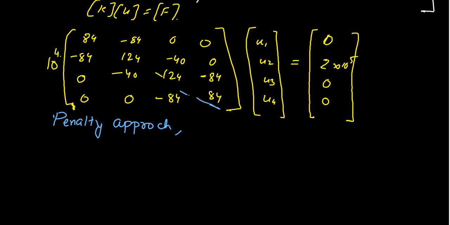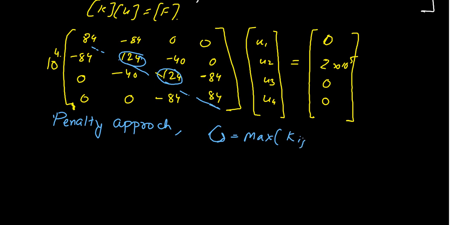So we can write C indicates the maximum of Kij into 10 power of 4, which is the standard format. So now the max value is 124 into 10 power of 4, the maximum stiffness in this problem.